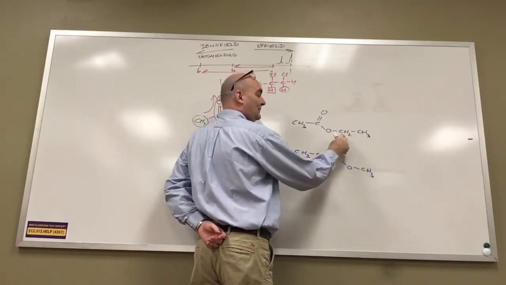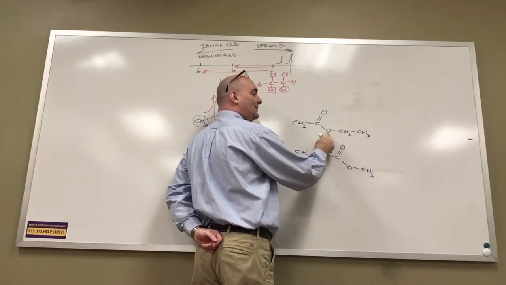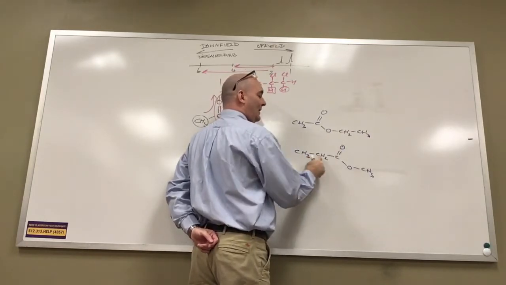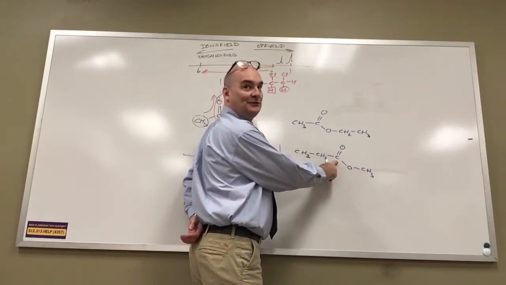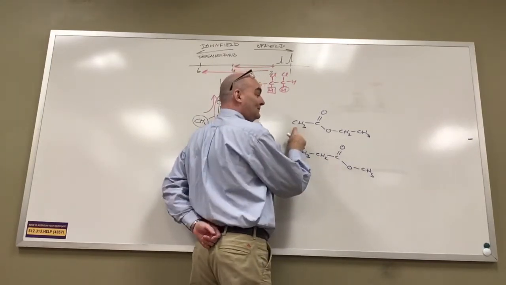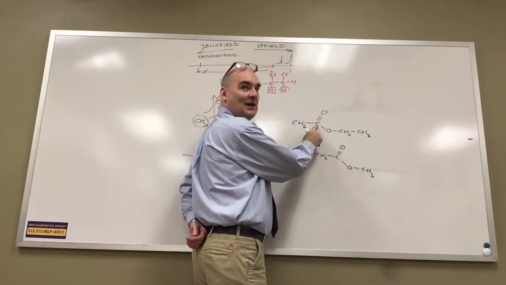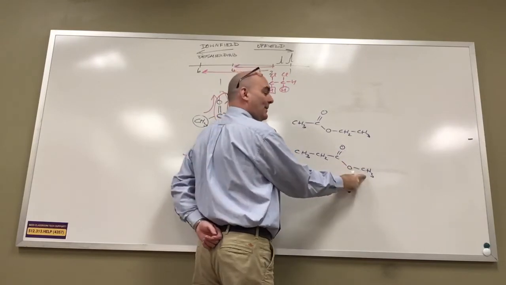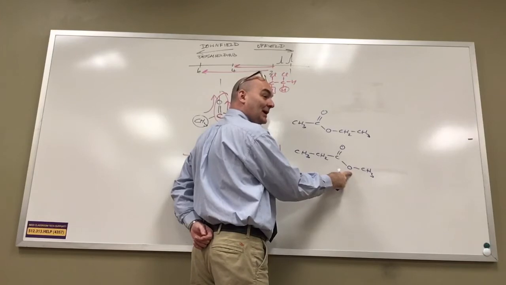This methylene is attached to the methyl and an atom that has no hydrogens. This methyl is a singlet because it's attached to an atom that has no hydrogens. That methyl is a singlet because it is attached to an atom that has no hydrogens.